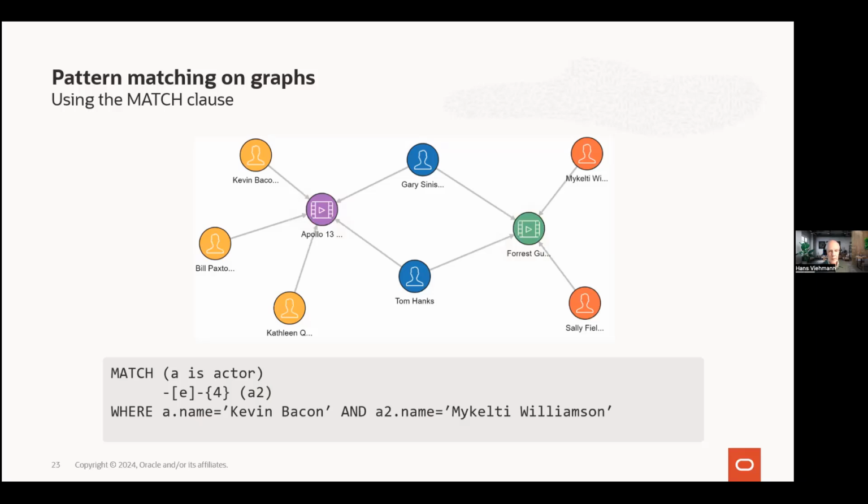Good. That almost brings us to the end because it brings us very close to pathfinding, right? We can use that possibility of the match clause with the repetitive edges to find connections between 2 vertices, right? If we specify starting point as Kevin Bacon and end point as Michael T. Williamson, then you can look for all matches where these 2 conditions are met.